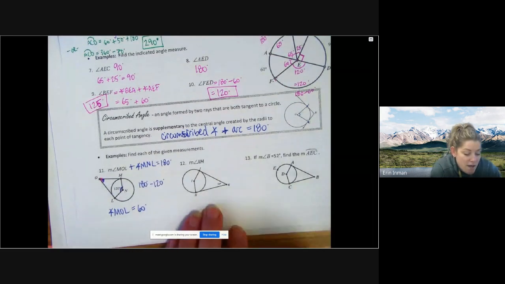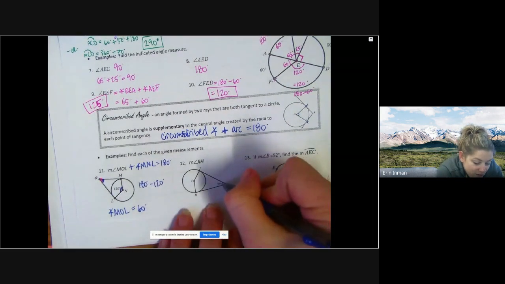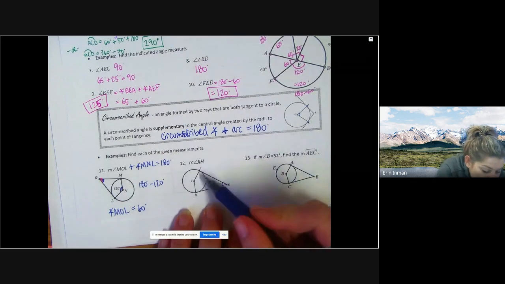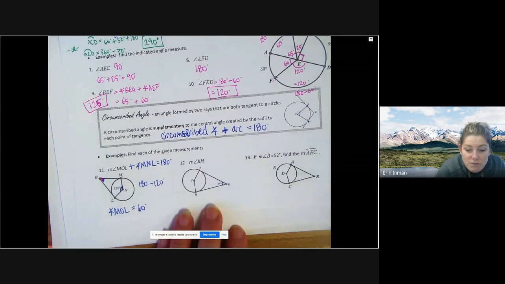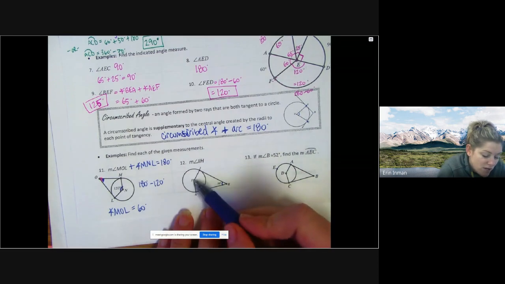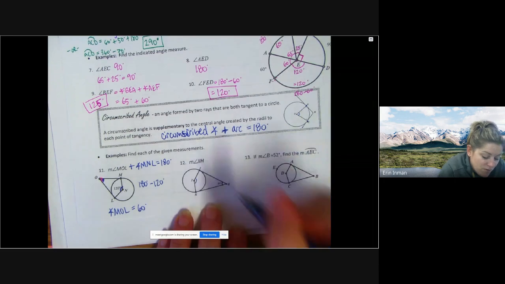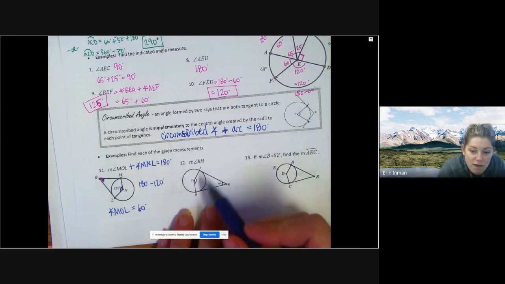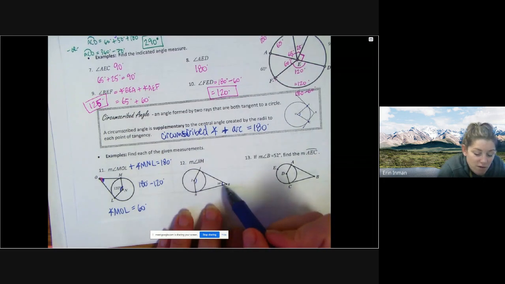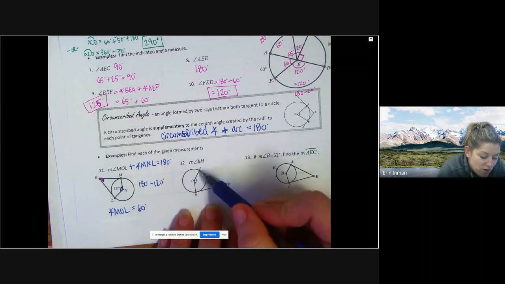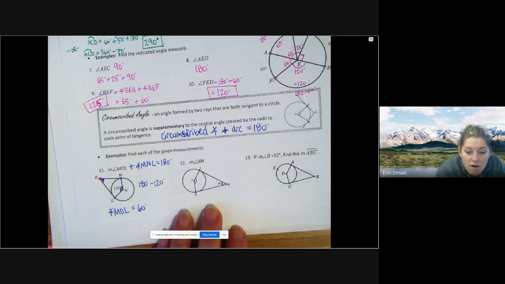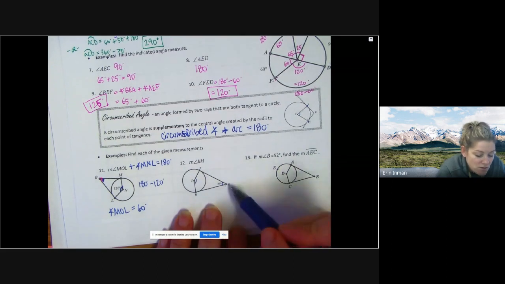In this case, they told us angle JKH, that's my circumscribed angle, is 30 degrees, and they are asking you to find JIH. And so again, this is my circumscribed angle. It's forming a quadrilateral, and two of the vertices of the quadrilateral are on the circle. And then we have a central angle and that circumscribed angle.